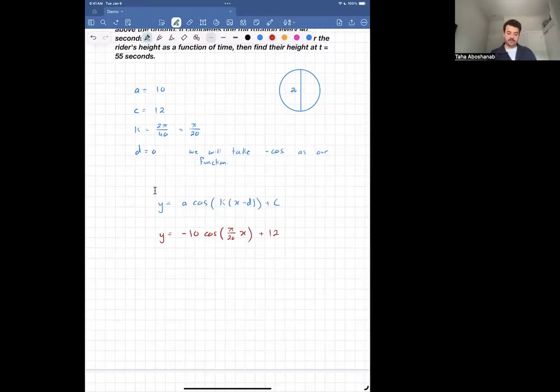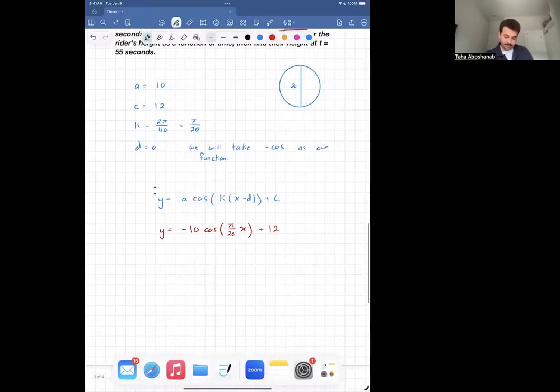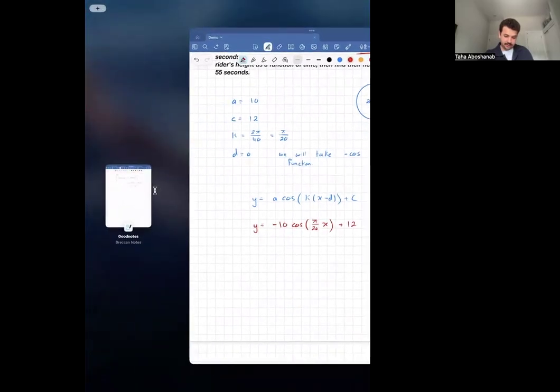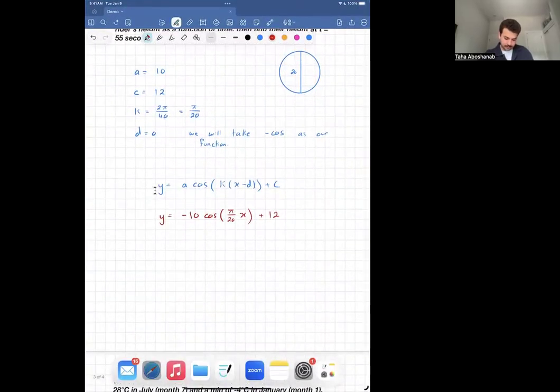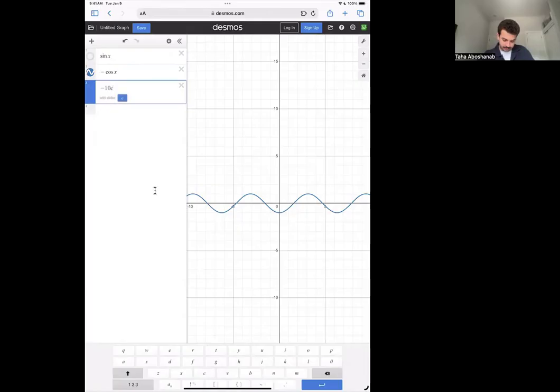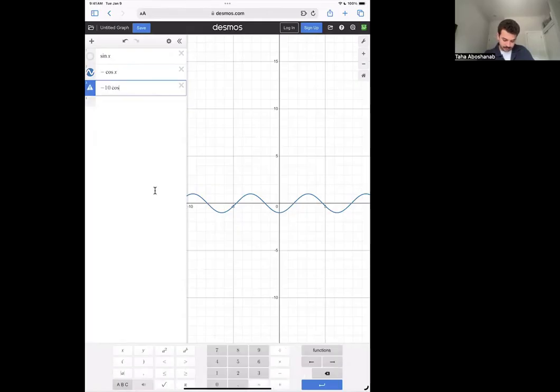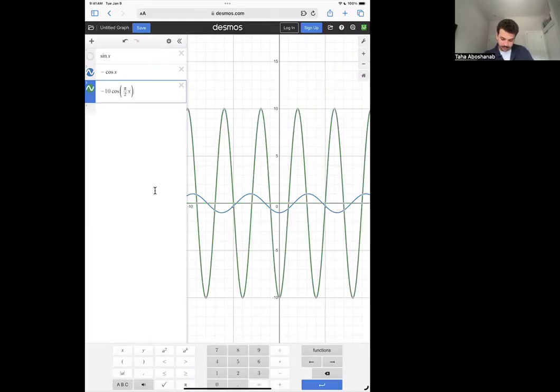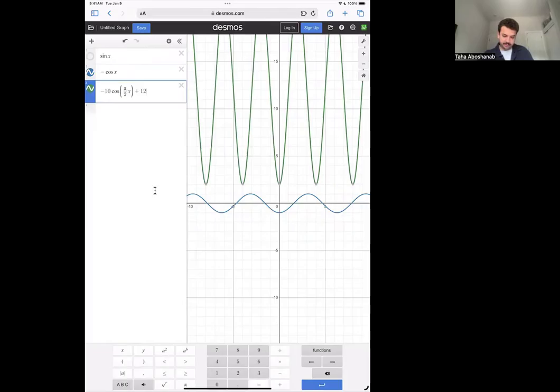Okay, and it's always good to see what this graph would actually look like on Desmos, so let's try to sketch it. So we have -10 cos of pi divided by 2 multiplied by x plus 12.